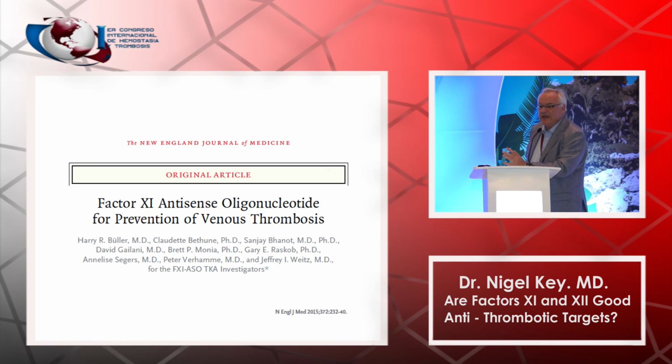And this has begun. You may have seen this paper. It was published in the New England Journal the end of last year. And this was using a factor 11 antisense oligonucleotide in humans undergoing total knee replacement.